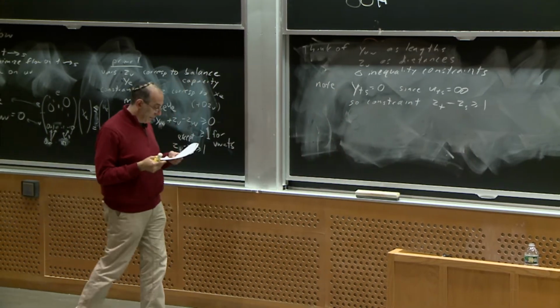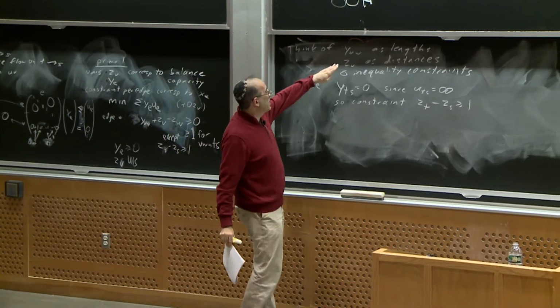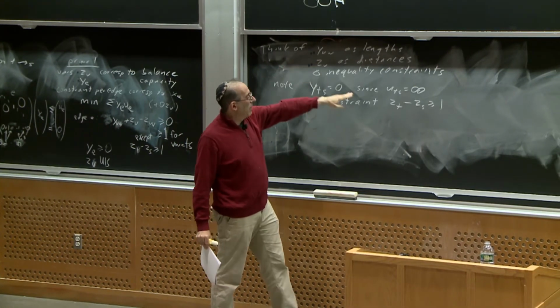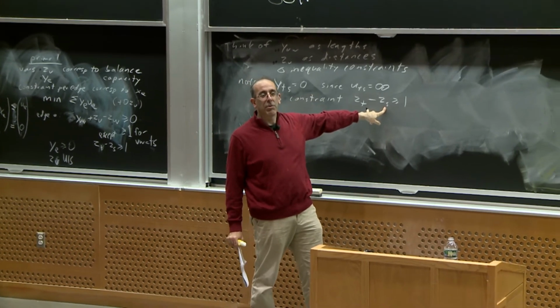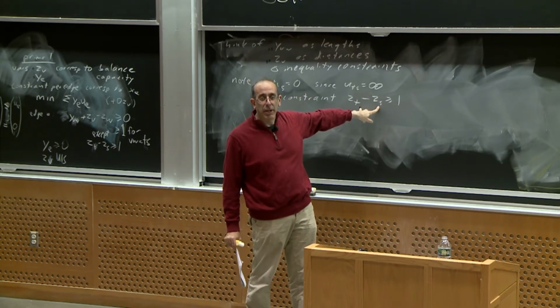So if the z's are distances and the y's are lengths, what is this constraint that ZT minus ZS should be greater than or equal to 1 saying? Well, it's saying that the distance between the source and the sink should be at least 1.